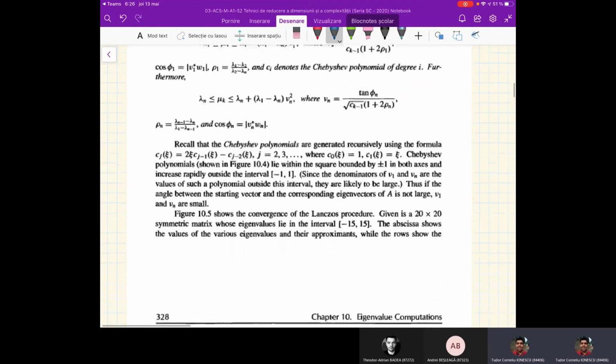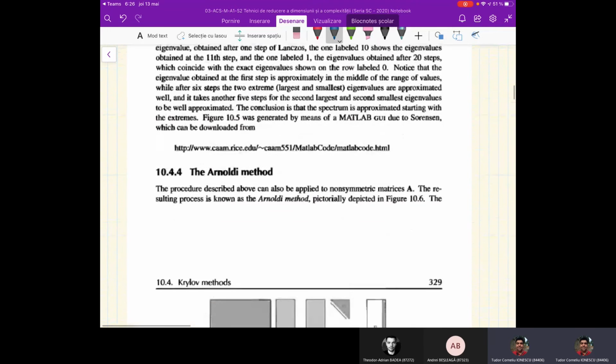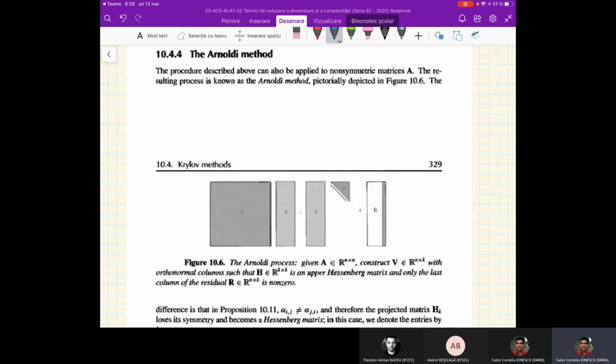And then it tells us the convergence of such methods. And then they also explain the Arnoldi method.